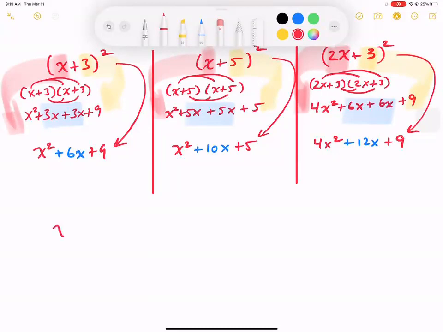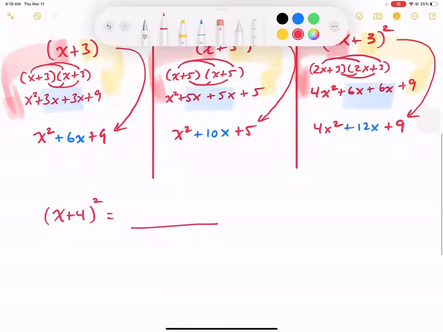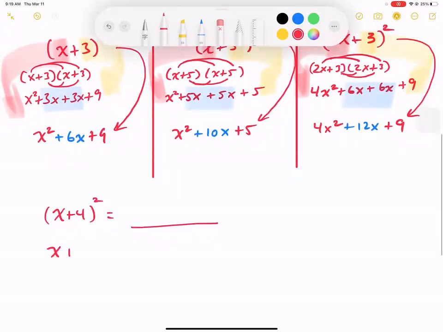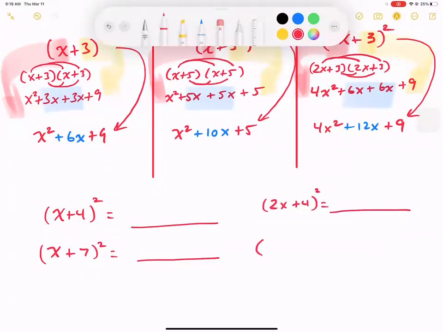Here we go. We have x plus 4 squared. Can you come up with what the answer is? X plus 7 squared. Can you come up with what the answer is? 2x plus 4. Can you come up with what the answer is? And let's do a change of pace. Let's do x minus 2. See if you guys come up with what the answer is.